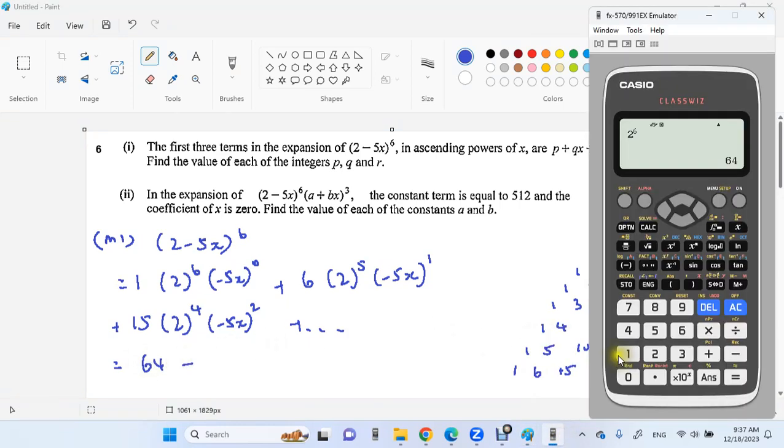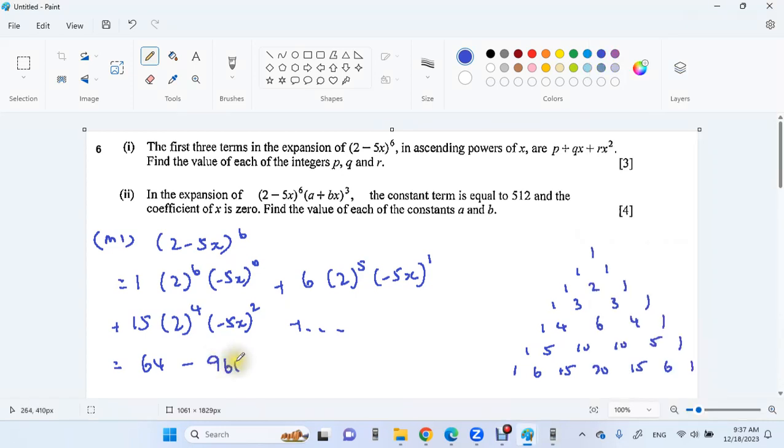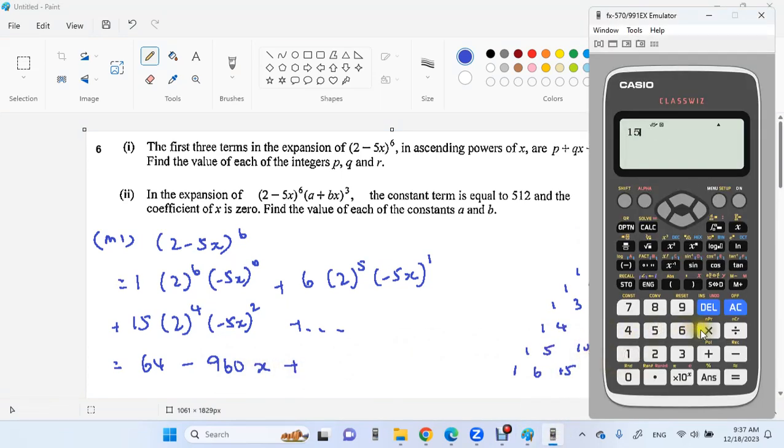Minus 6 times 2 to the power of 5 times negative 5, that is negative 960x. Plus, why is this plus? Because we have 15 times 2 to the power 4 times negative 5 squared.